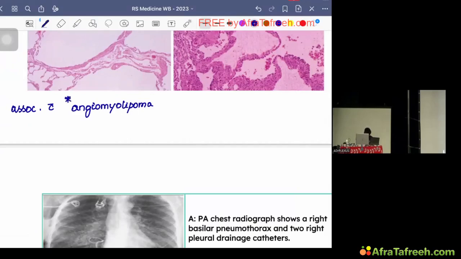What is angiomyolipoma? In the kidney, you will have a mass called angiomyolipoma. These patients will also have chylous pleural effusion.